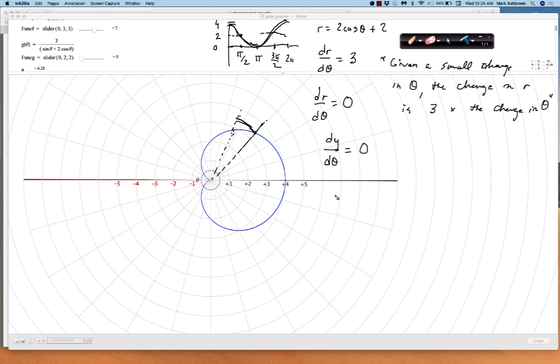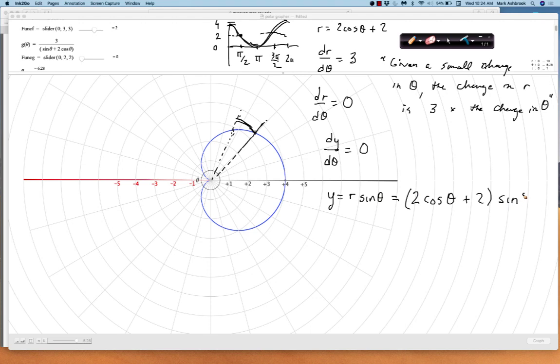Okay, so what does y equal in polar? r sine theta, right? And what is r on this blue graph? Values of r are what? 2 cosine theta plus 2. So it's going to be 2 cosine theta plus 2 times sine theta.